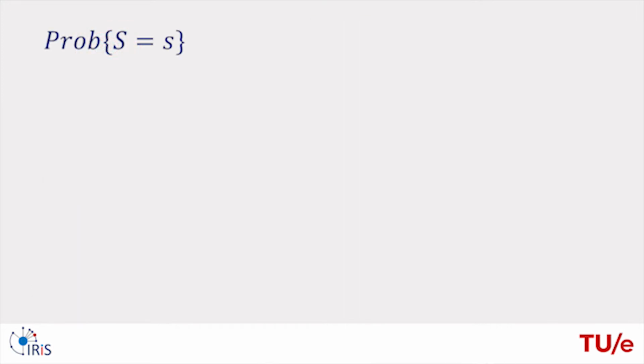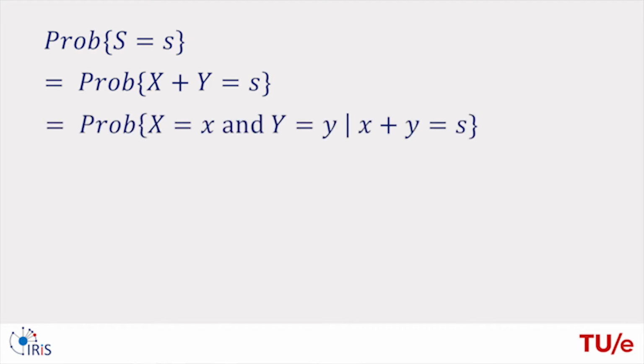The probability that s equals small s is written as the probability of s equals small s. If we look at that set, we see that it's the same set as the one defined by x plus y equals s, which again is the same as the set x equals small x and y equals small y with small x plus small y equal s.